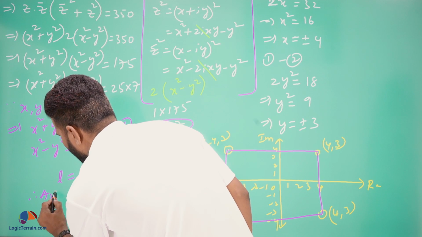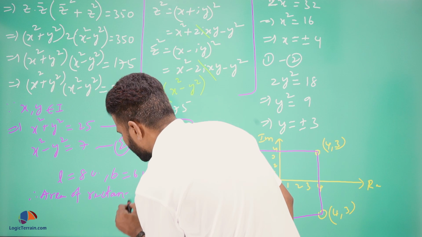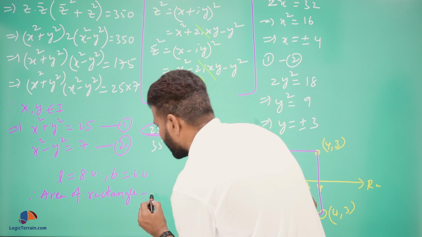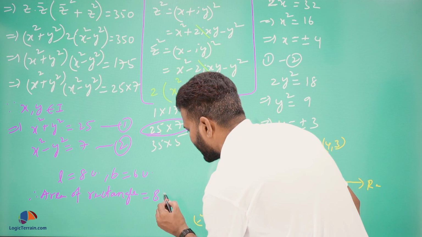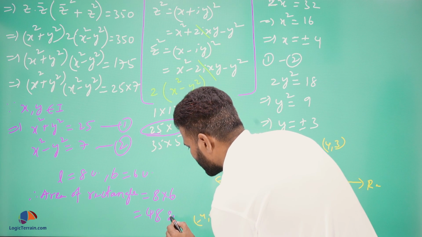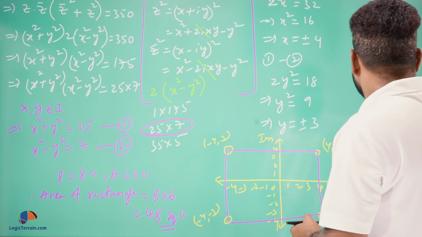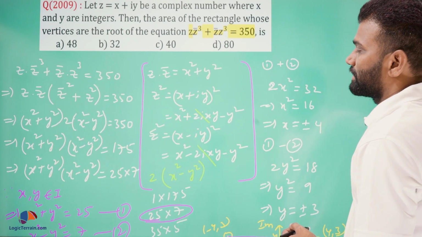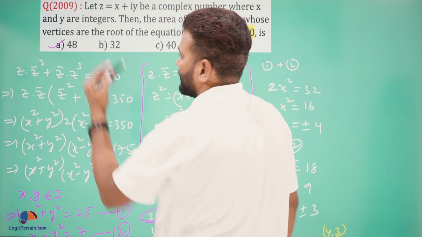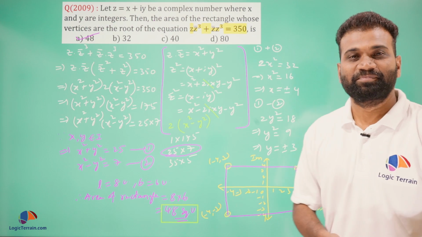Therefore, area of rectangle equals length into breadth, 8 into 6, which equals 48 square units. Therefore, the correct option is A, 48. Clear? This is it. Thank you.